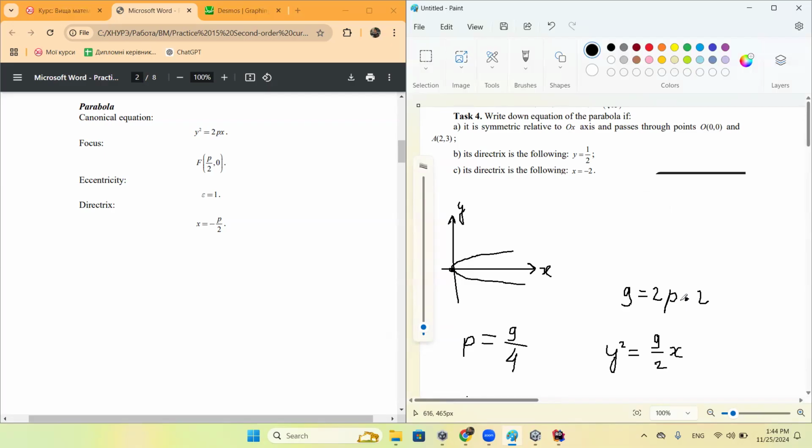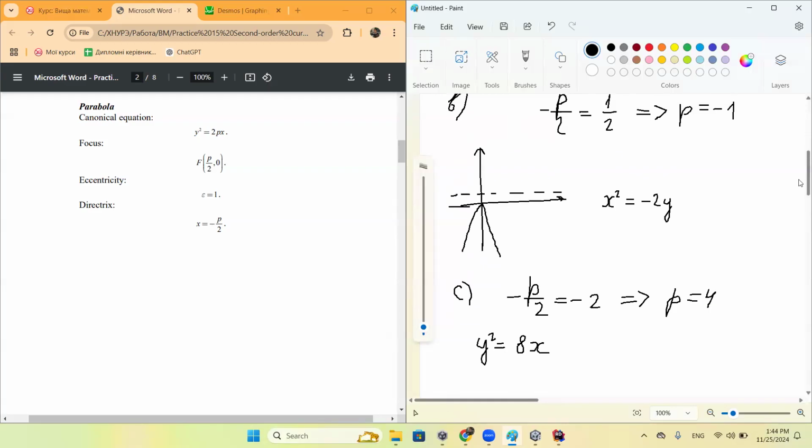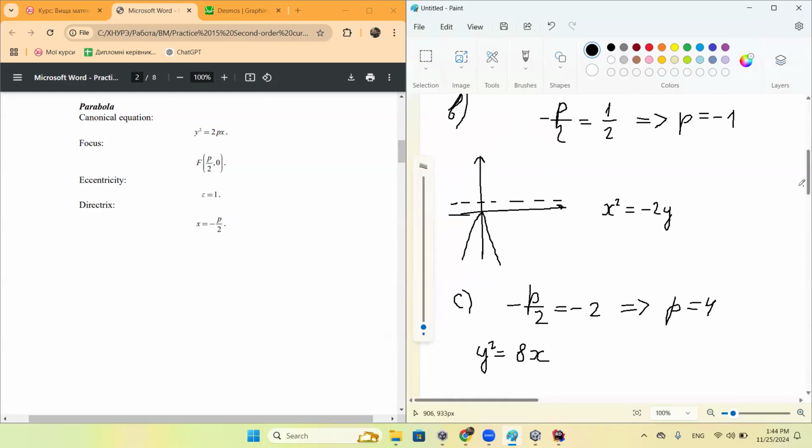Can you scroll down? Yes, sure. Or maybe upper. Can you explain once again how we find p in the first one?